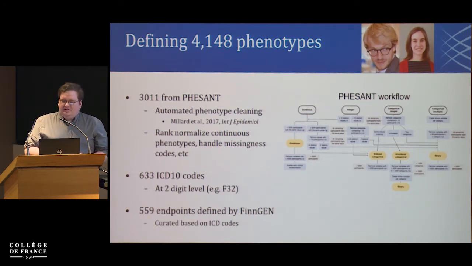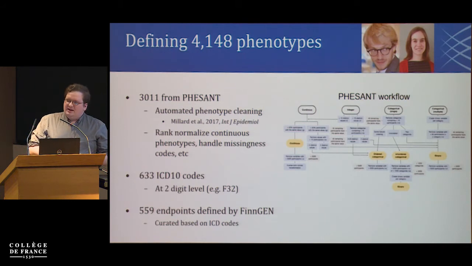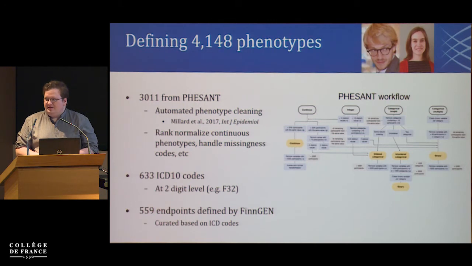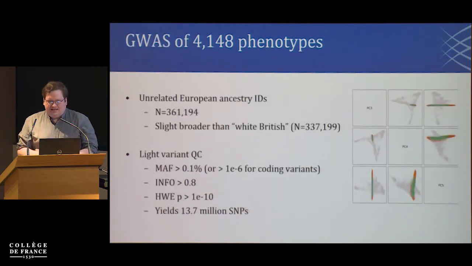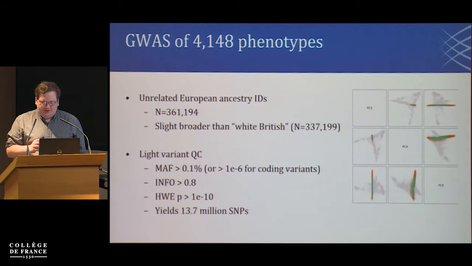They took the kind of heroic effort of working through their ICD code data out of their health registry and trying to summarize those ICD codes into more informative endpoints, collapsing ICD codes that are often not clearly distinguished from each other in terms of how they show up in the clinical records, to improve power and interpretability of those results. So for purposes of matching between their results and the results in UK Biobank, we've also run that set of endpoints.